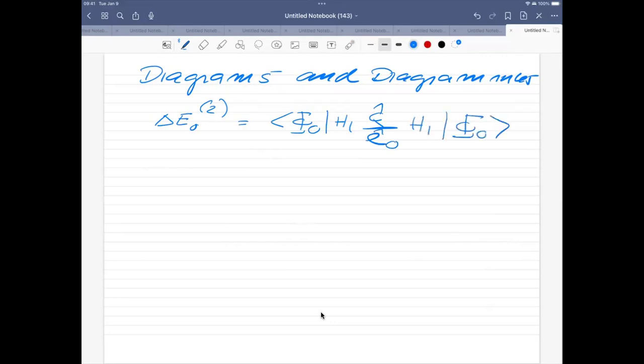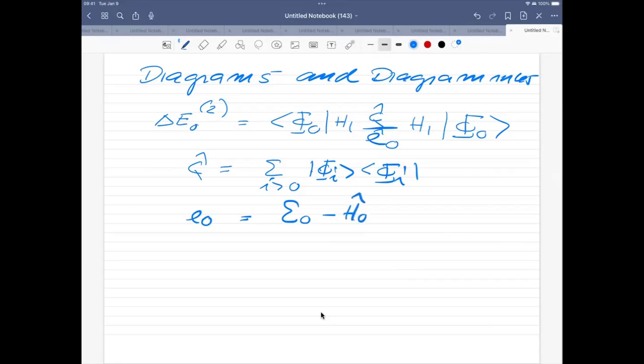Let me just quickly repeat. This Q now is a sum from I larger than 0 of all these orthogonal states. Sorry, this was not my letter I. This is my attempt at the letter I. The term E0, which we have here, is simply our unperturbed or non-interacting energy minus H0, the operator.